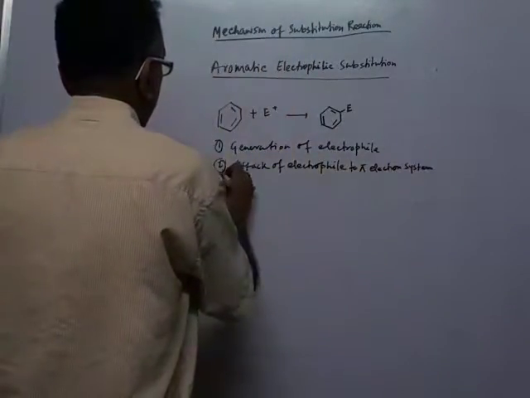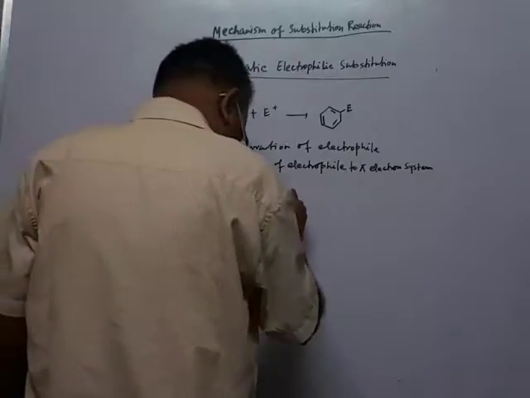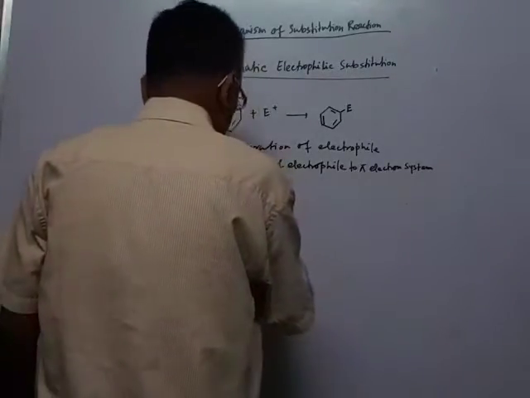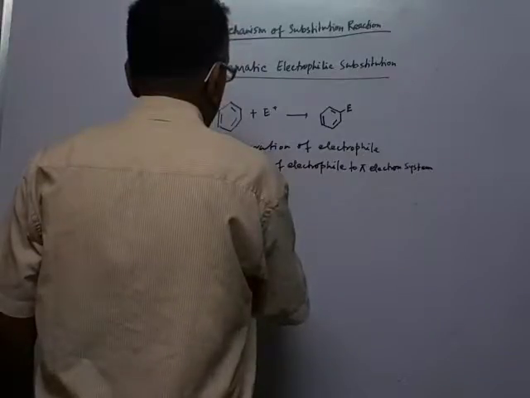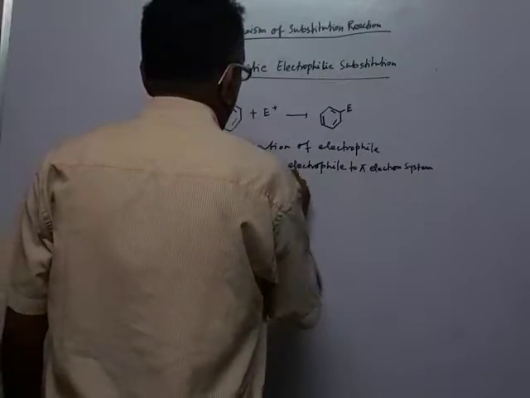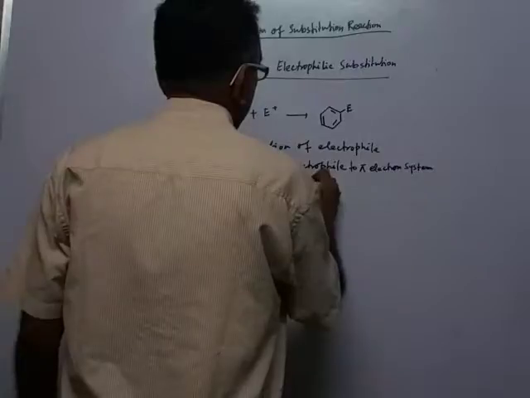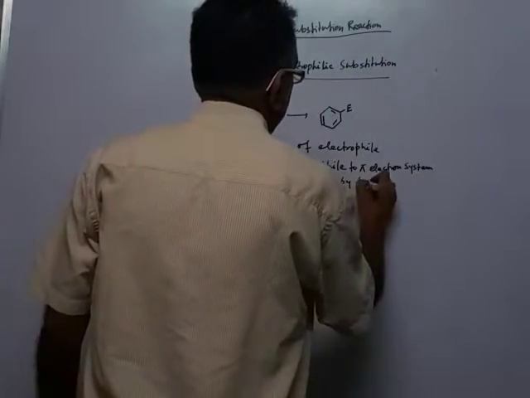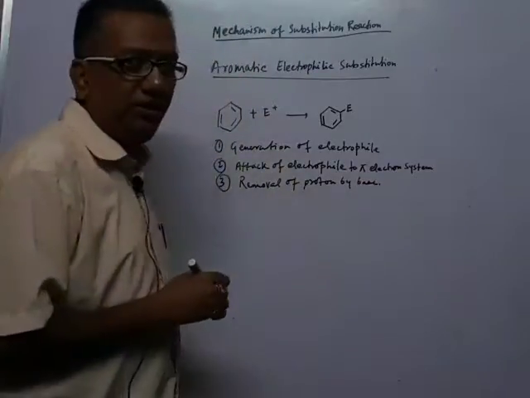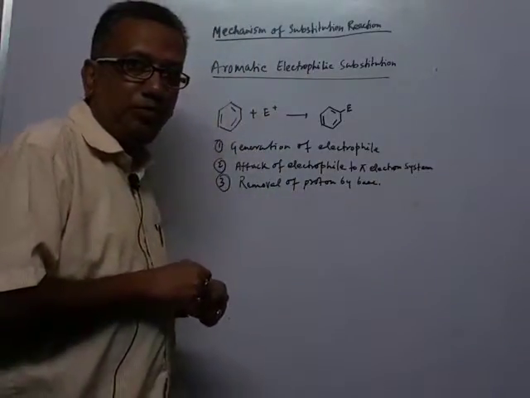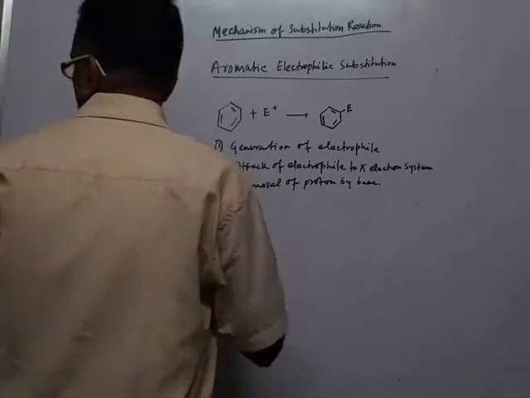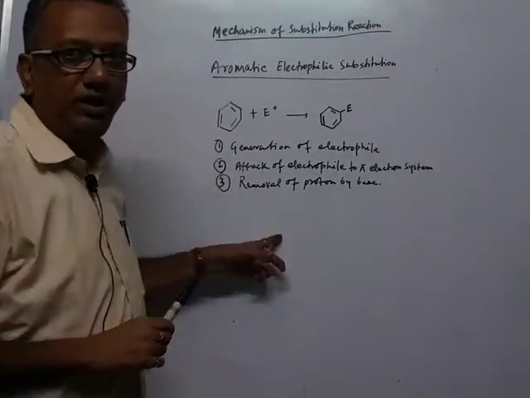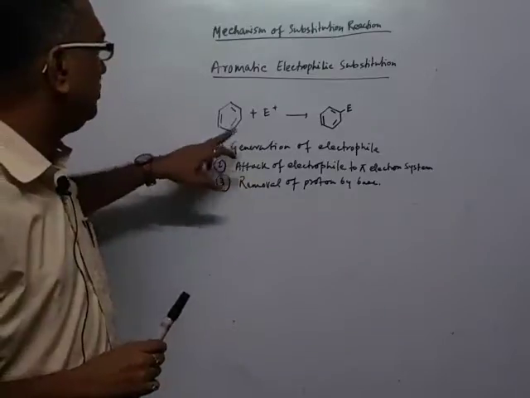And number three is the removal of proton by base. So these are the three steps involved in the aromatic electrophilic substitution.